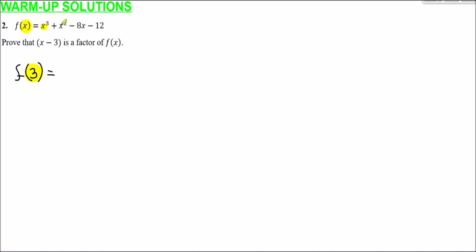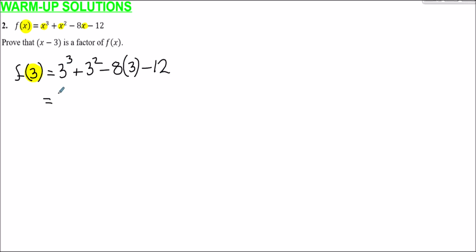So x cubed becomes 3 cubed, x squared becomes 3 squared, and so on. This gives us 3 cubed plus 3 squared minus 8 times 3 minus 12. Because it's a proof, it can't hurt to just show a few more steps in our working just to make it absolutely clear.